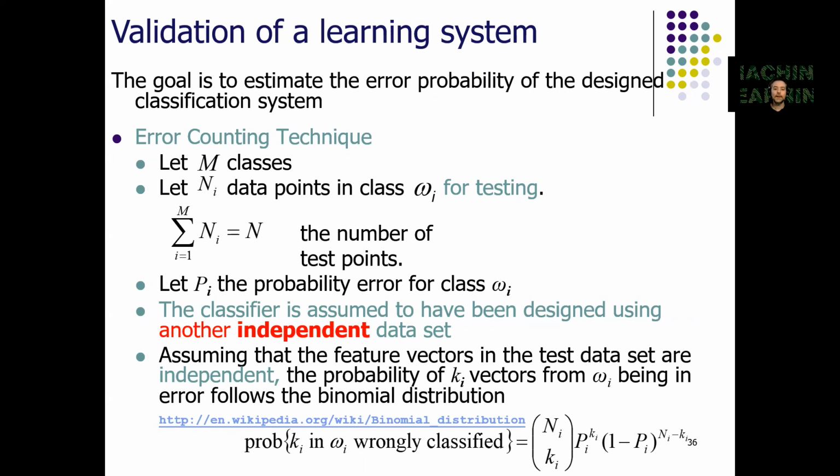And you can do that by using the binomial distribution. So you use the binomial distribution to find the probability of ki vectors from your class omega i to be wrongly classified. Okay, so what is that probability? Is it high? Is it low? You would like basically to maximize this probability, because you are looking for the worst case scenario. That's the idea, to have a reliable system.